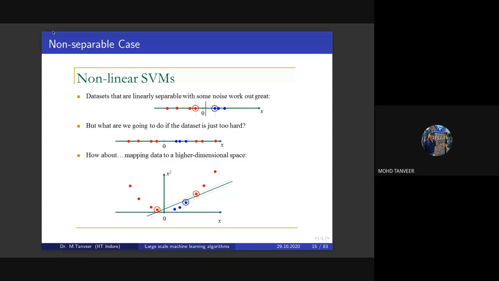But if we move ahead, from R, the real line, to the plane, or you can take a function f(x) equal to x squared, meaning R2, it will go in a parabolic shape. The data points will move upward, and then you can see that we can draw a line and classify this kind of data also, in R2, not in the real line.